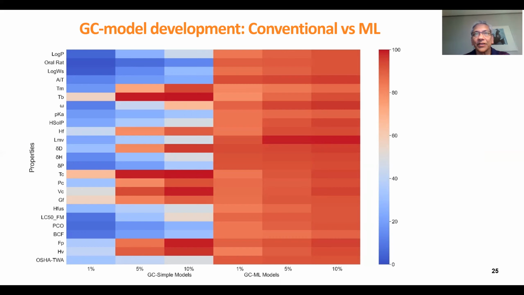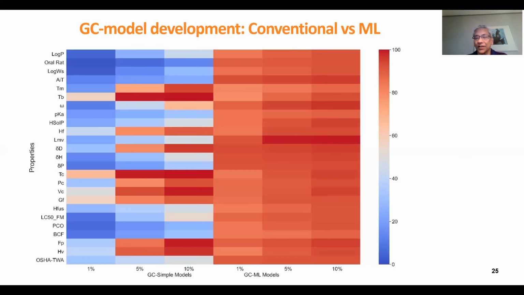Obviously, the machine learning is very accurate. You get nearly 90% of the molecules fitted to 1% error, which cannot be obtained with the simple group contribution or standard regression. So this is good that we can increase the accuracy of the model.